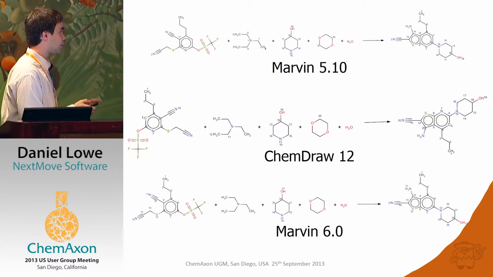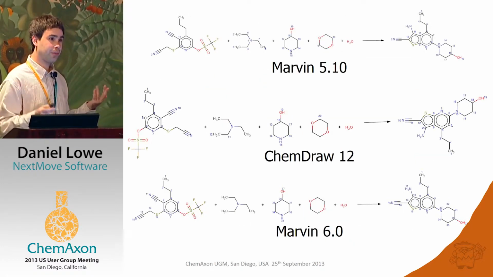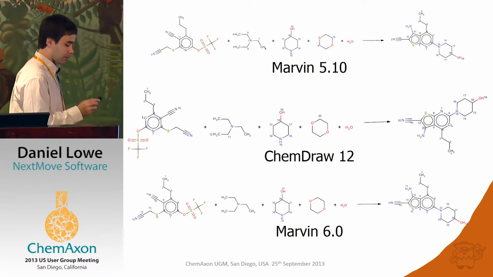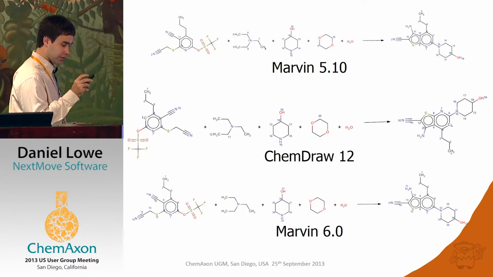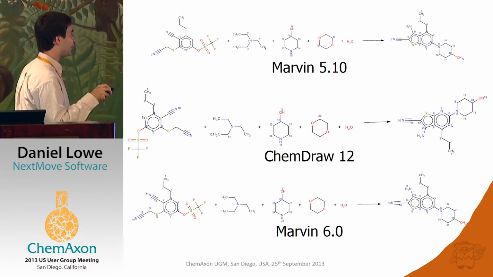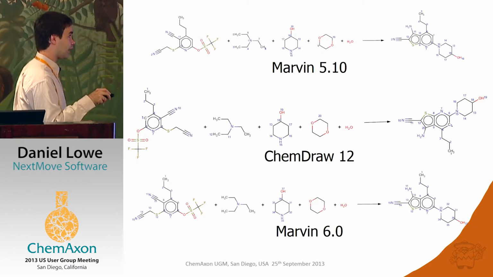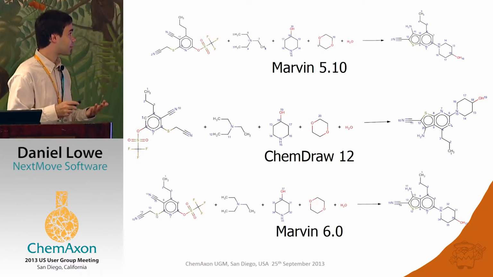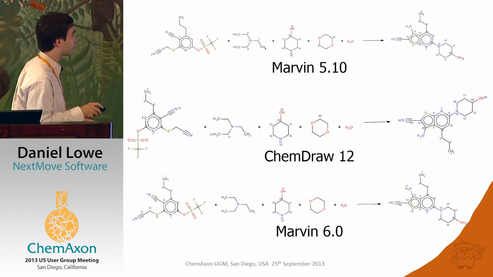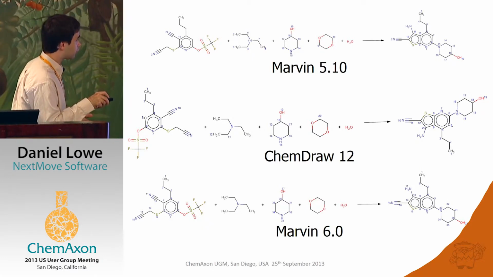So to give a concrete example of what these graphs mean, I picked out one random example. Which one has the laser pointer on this, actually? Is it this red button? Yes, it is. So the reactants in this case are this one and this one here. And those can clearly be seen to be coupled together to give the product on the right. Actually, there's also, I think, a ring formation as well.